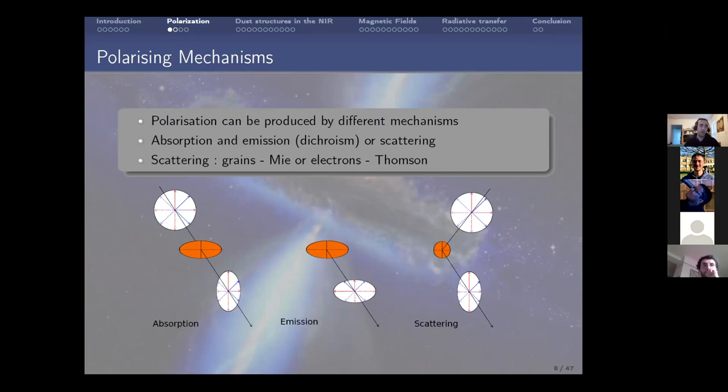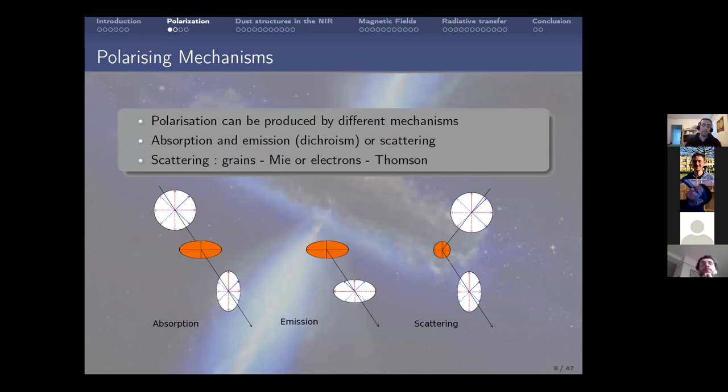That would actually require non-spherical grains, so elongated grains, which are going to have a preferential direction of both absorption and emission. So depending on the wavelengths, if you're looking at regions that are going to emit light, so for example in the mid and far infrared, you're going to have a specific orientation of the polarization. And if you look now in absorption at shorter wavelengths, you're going to have a flip of 90 degrees of the viewed polarization, because the preferential direction is going to be absorbed and not emitted.